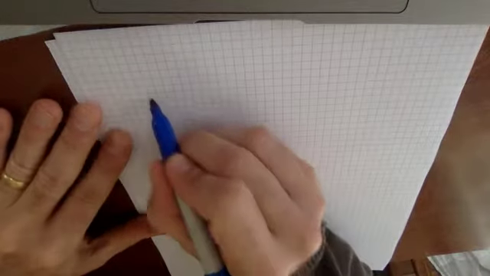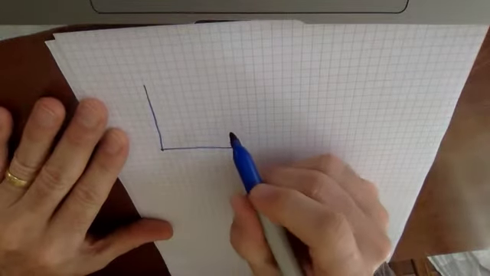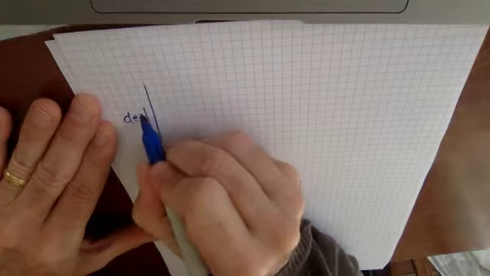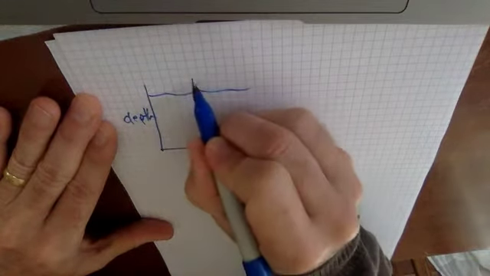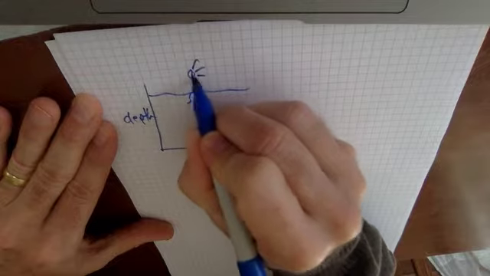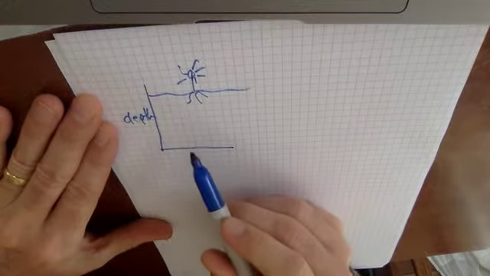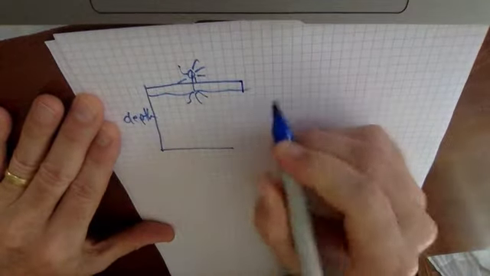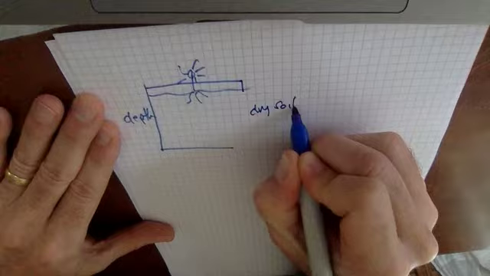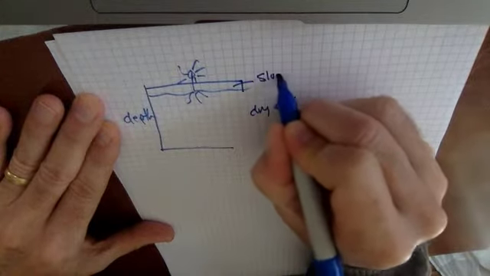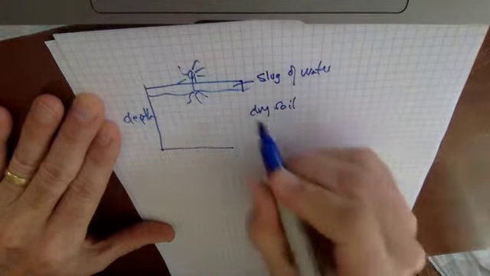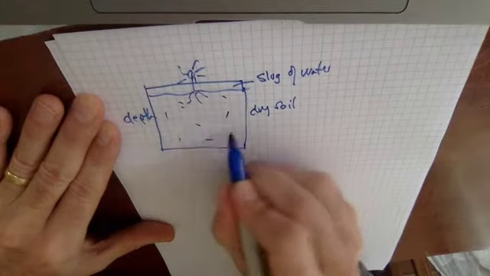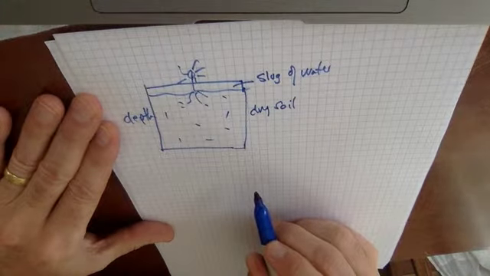Now, when you look at what happens to water when it infiltrates into the soil, what we see is, if this is depth in the soil, here's the soil top again. If you start out with a dry soil and you put a layer of water on top of it, so this is a dry soil, and this is just a slug of water that we've just plopped down on top of the ground.